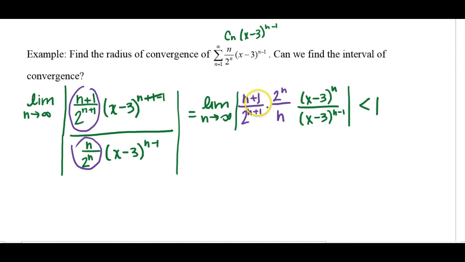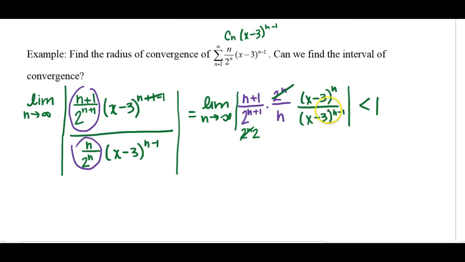So I have to do a lot more simplifying to get it down to some inequality I can solve. This 2 to the n plus 1 is 2 to the n times 2, so this 2 to the n and this 2 to the n will cancel. And then here I have x minus 3 to the n, and then this is x minus 3 to the n minus 1.